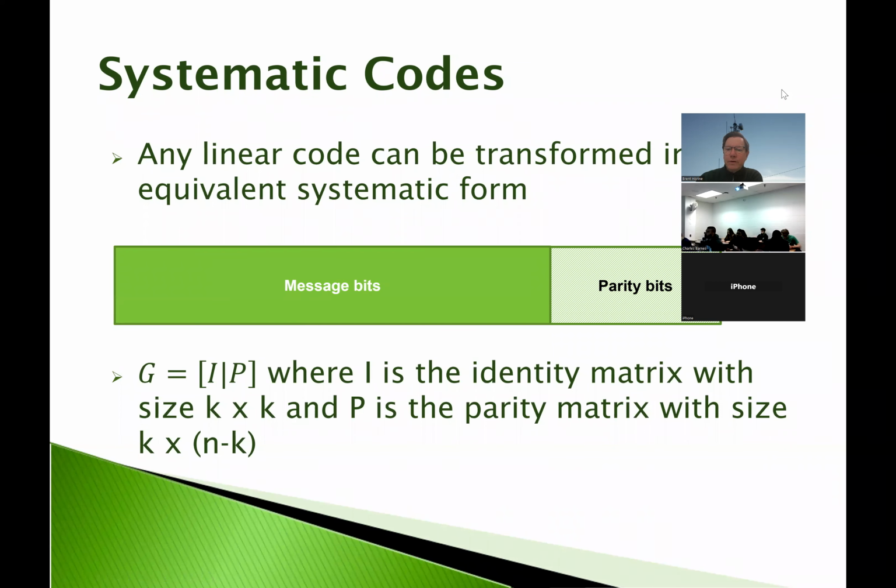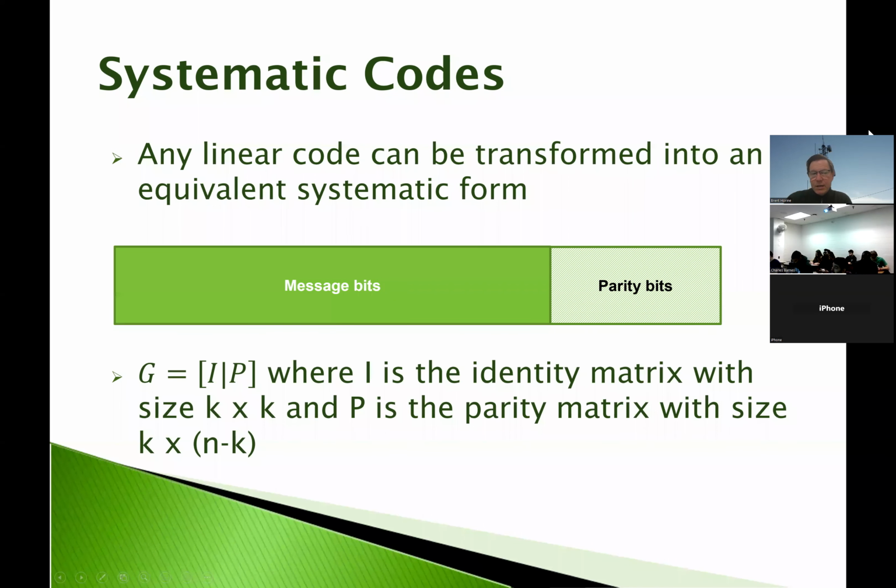Now, we're going to define what we call systematic codes. Any linear block code can be transformed into an equivalent systematic form. What is that? Well, in our code word, this whole rectangle here is our code word, and our message bits come first, and then our parity bits. What's special about this, I would say, is that the message bits actually appear in the code, and then our parity bits are added to that.